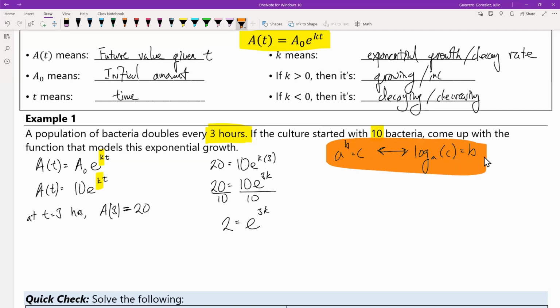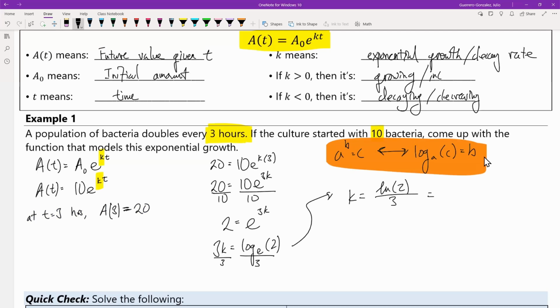So in this case, we have the left-hand side. I'm going to change it to the right-hand side, right? So this is basically saying 3k is equal to log base e of 2. Okay? And then I need my k by itself, so divide by 3. So my k is going to be the ln of 2 divided by 3.